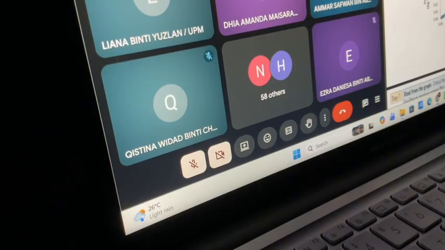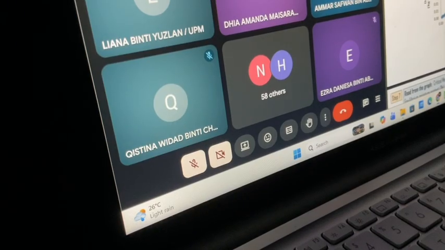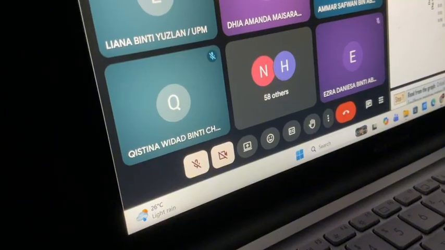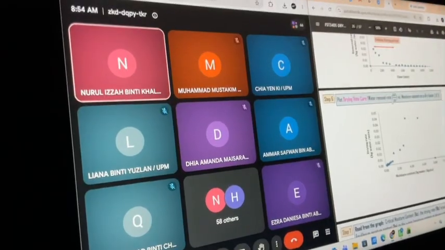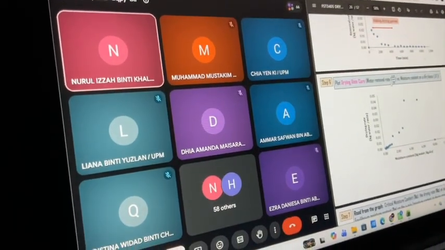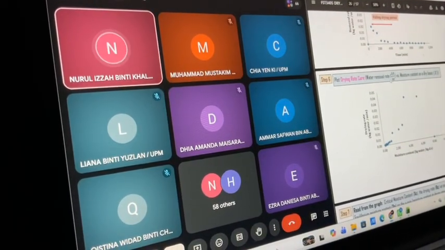Can I know that Liang Xuan Chang, are you here in the class today? There's no Liang here, so I assume it's no. And then Nor Hazrina Humaira, are you here in the class?